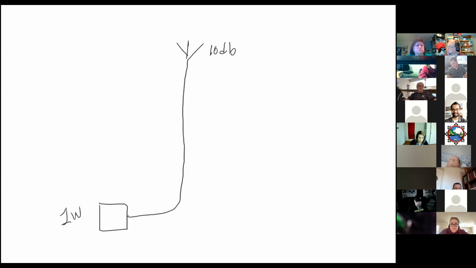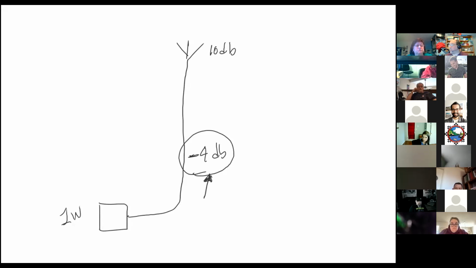But I have cable, and at a given frequency, my loss is -4 decibels. Okay. What does -4 mean? Let's make it -4. So what does it mean if I have a negative gain?